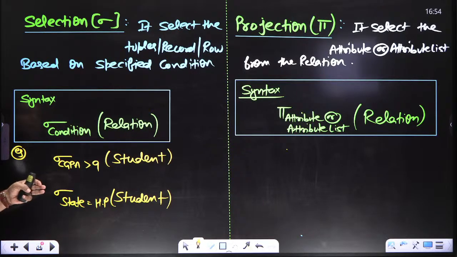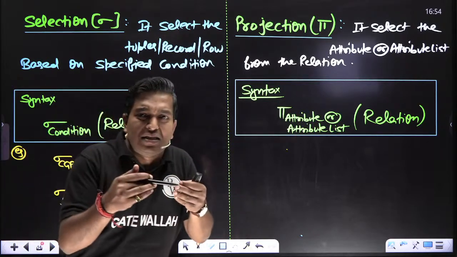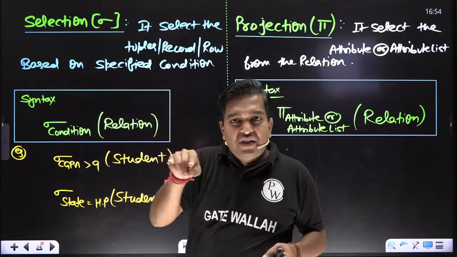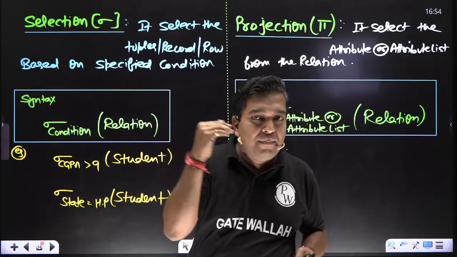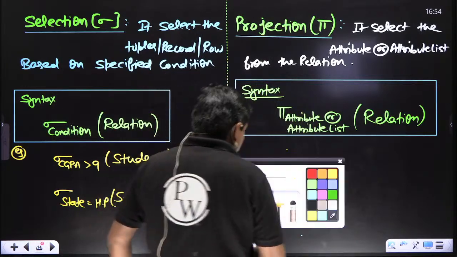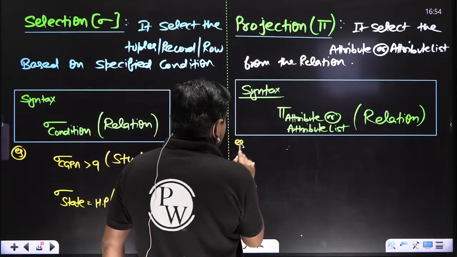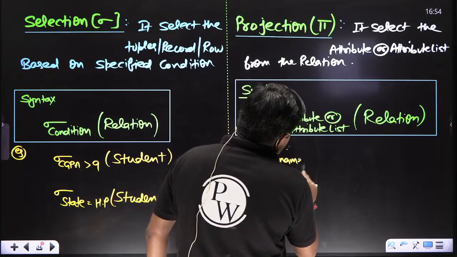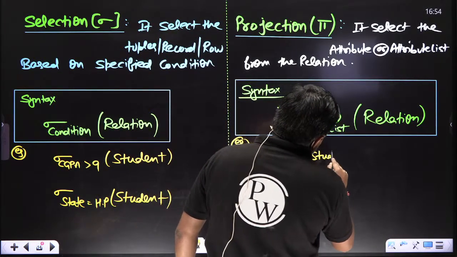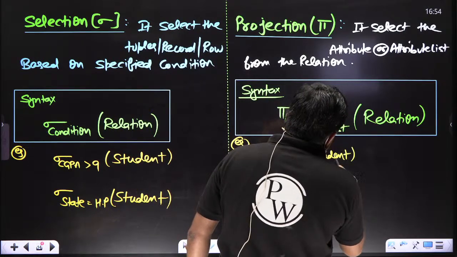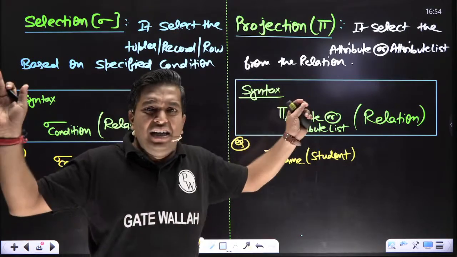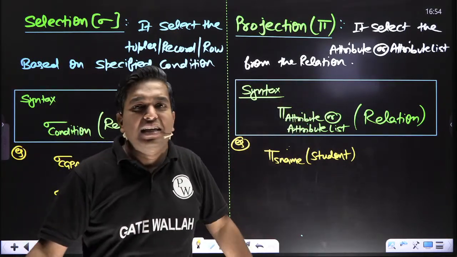Here what happened, beta? It selects the tuples, meaning it is applied to each and every tuple, and the tuple satisfying the condition will be fetched. And here what is happening, my dear? For example, pi student name. I don't want any detail. I don't want to apply any condition. I want only student name, nothing else.